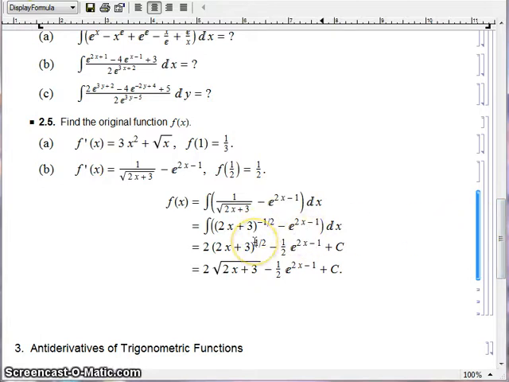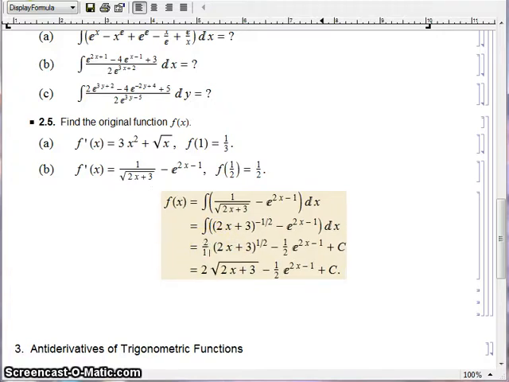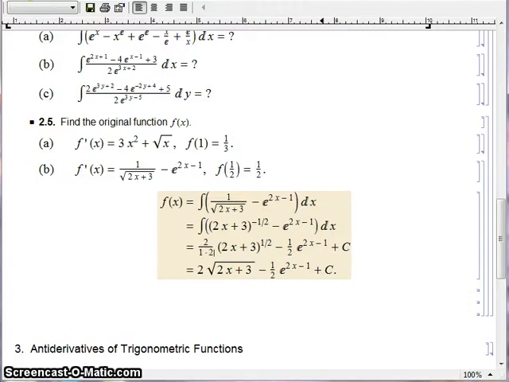So what we have here, -1/2, and we have to add 1 to the power, so 1/2, and we have to multiply by the reciprocal, so we have 2 over 1, and then we have to divide by this 2, so we have that as coefficients. I'm afraid there's a typo here, so they cancel out to just 1. I'm glad I just found out. And that exponential function remains the same.